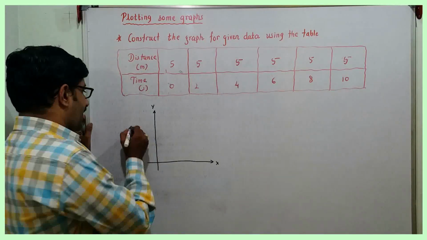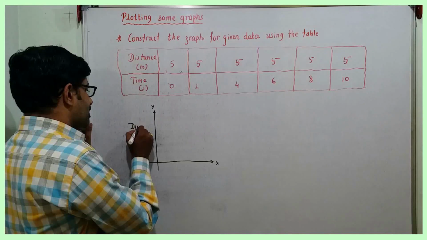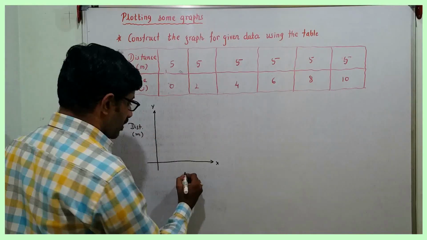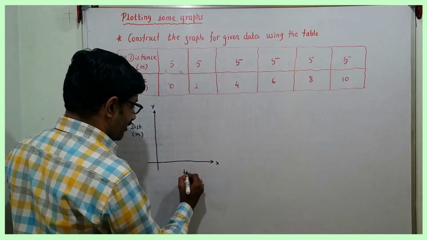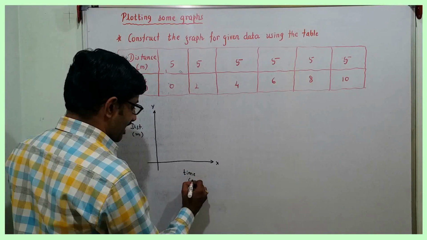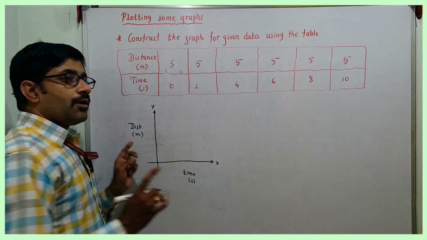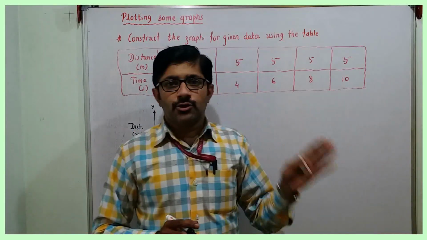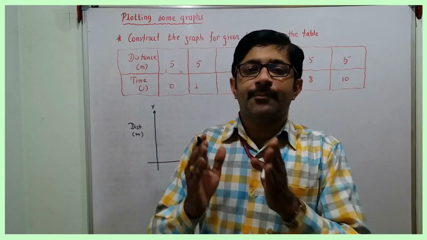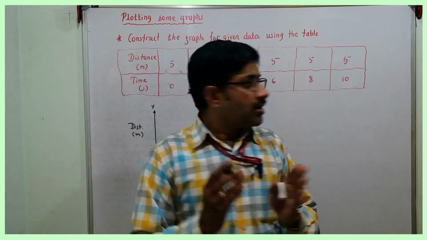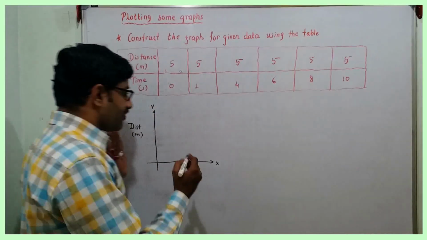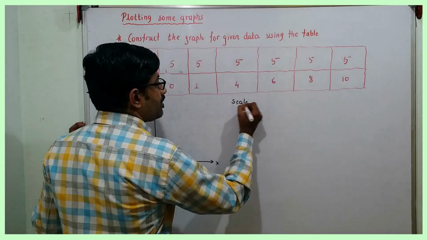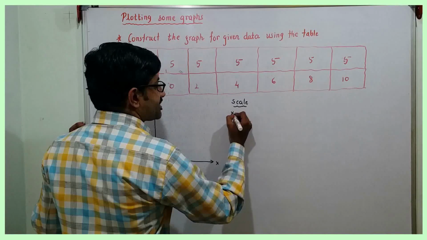Therefore on the y-axis we have the distance, which is in meters, and here we have time, which is in seconds. Always keep in mind while drawing graphs that you should scale them properly. So let us take the scale for the graph, x-axis first.